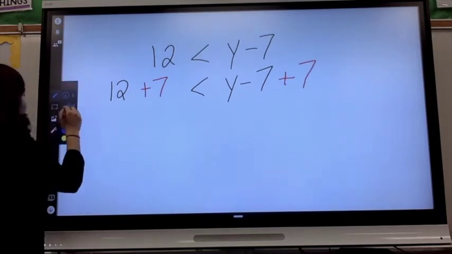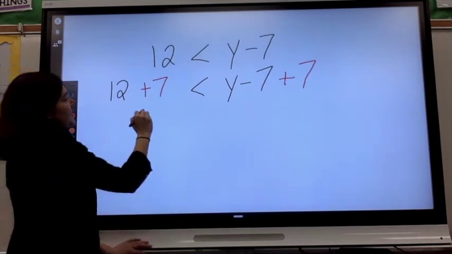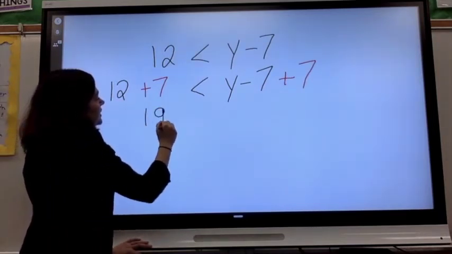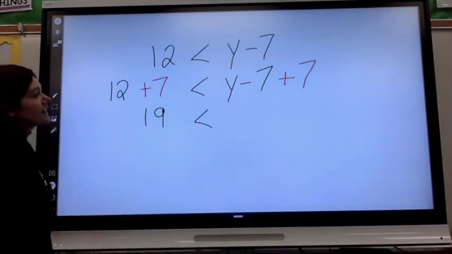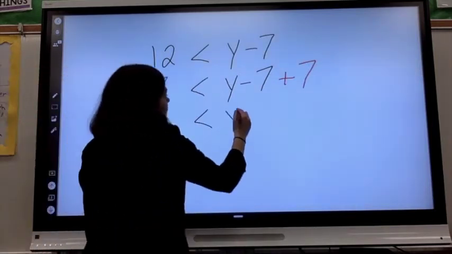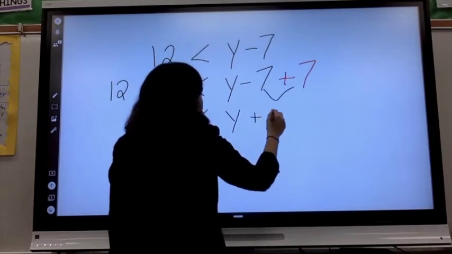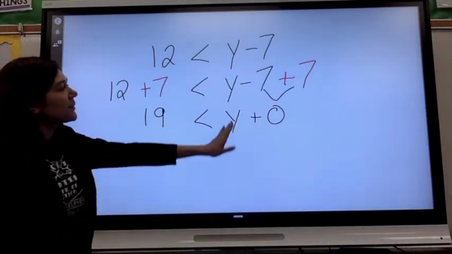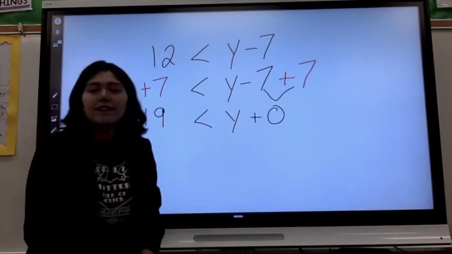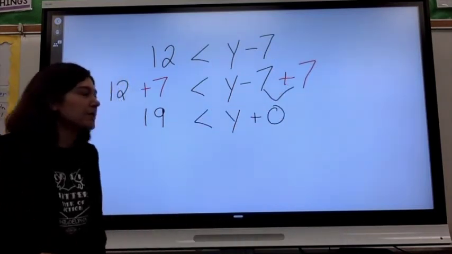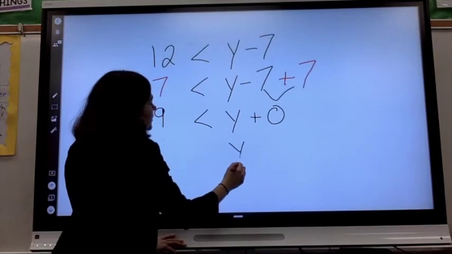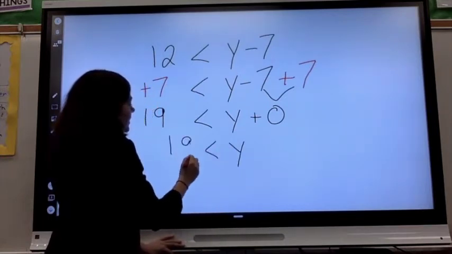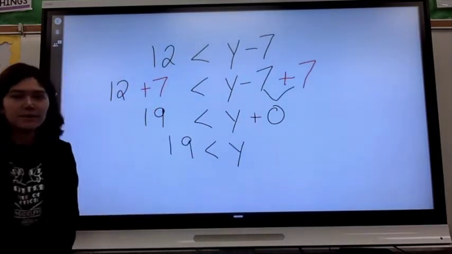On the left-hand side here, I'm going to get 12 plus 7, that's equal to 19. And that's going to be less than y plus 0, if we want to include that. Or we just think we have a minus 7 plus 7, that's going to cancel away to 0. So I end up with my solution: 19 is less than y.